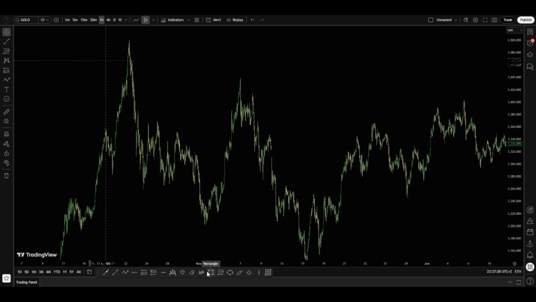Then we started to consolidate, pushing to the upside, creating this high, then went back down, then went back up to break the previous high, then went back to the downside, creating a low, then we went back to the upside to create a high, which failed to break the previous high.